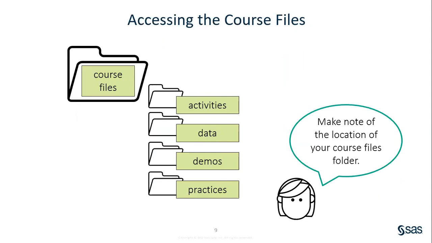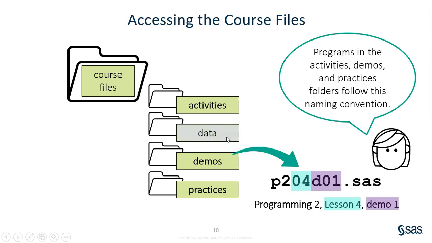Now you are quite familiar that data has been provided and segregated as per our activities: data, demos, and practice. We connect to your data by writing a libname statement to connect to your data folder, and the naming conventions of files. It starts with P2. Why?